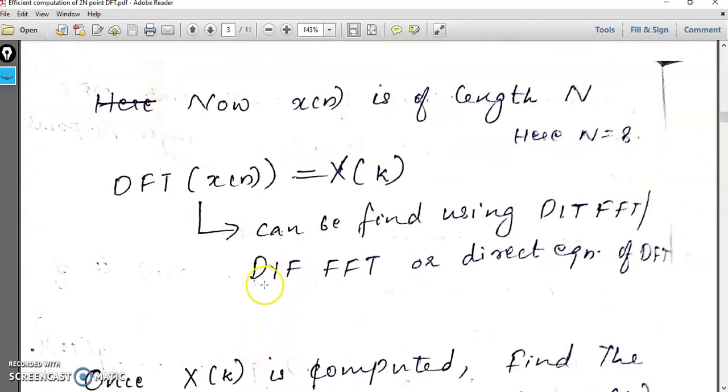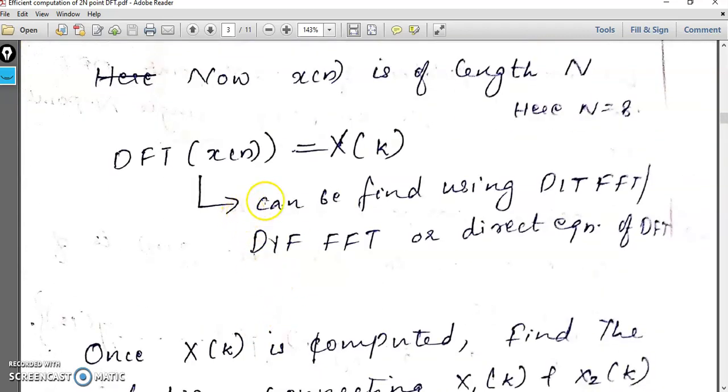Then we can compute the DFT of x of n, denoted by X of k. Here g of n has a length 2N, which is equal to 16. We take half of the sequence, that means x1 of n and x2 of n have the length capital N. So using an N point DFT, you can calculate the value of X of k.